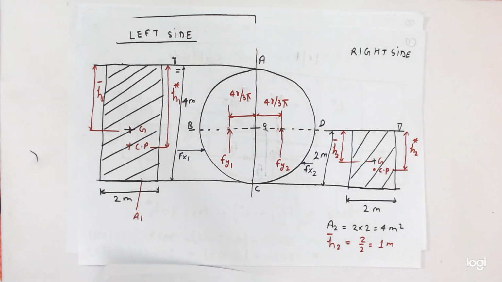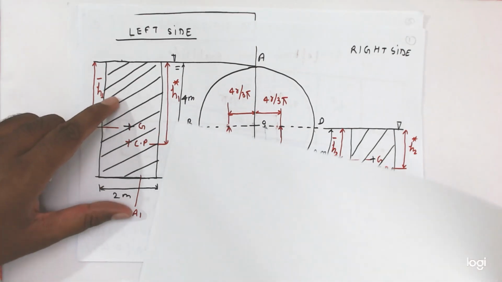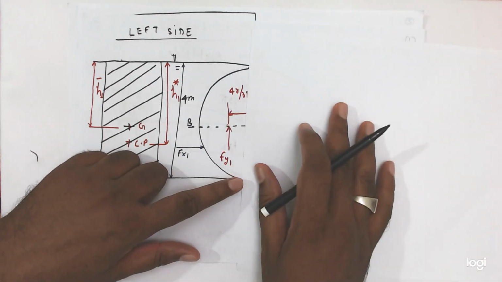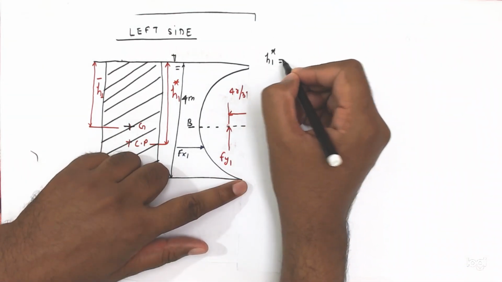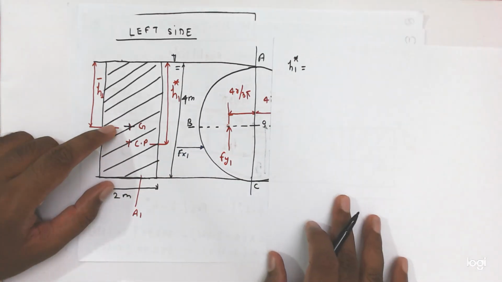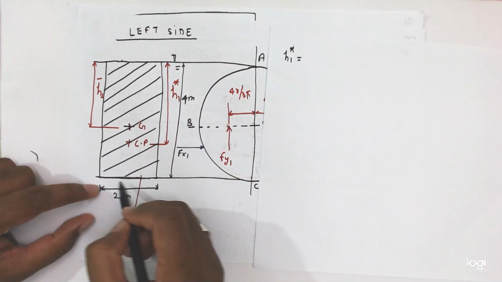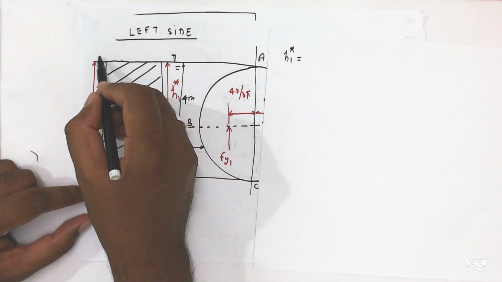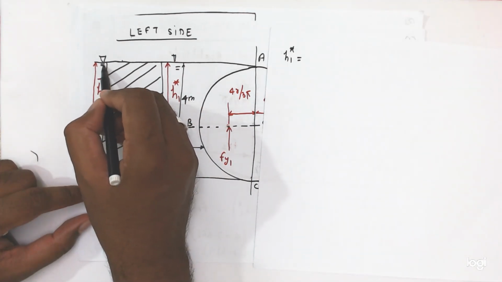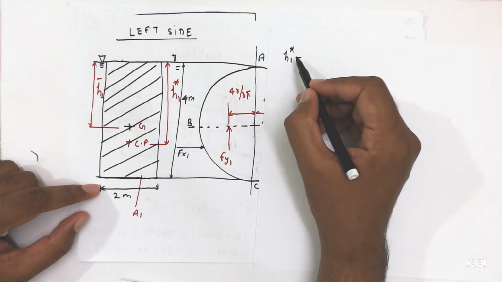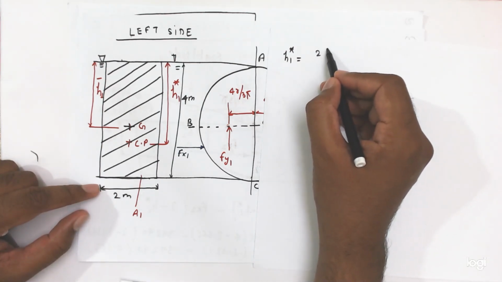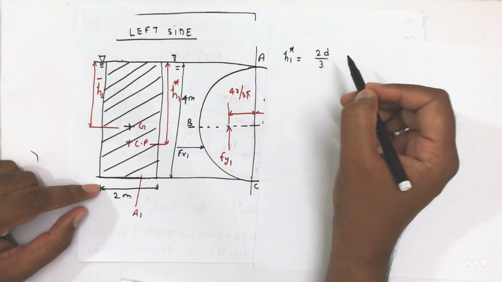We have to find the location. Now friends, you see here on the left side, first we are going to find the H1 star. If like this rectangle is there and up to this part the liquid surface is there, then directly we can find H1 star is equal to 2d by 3.